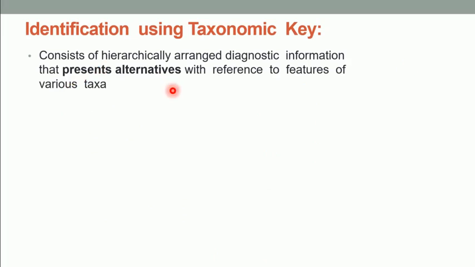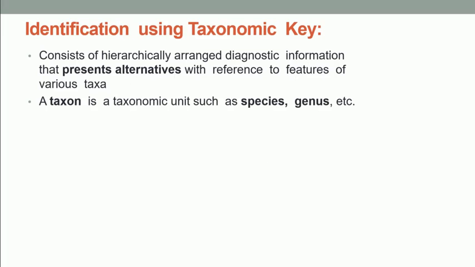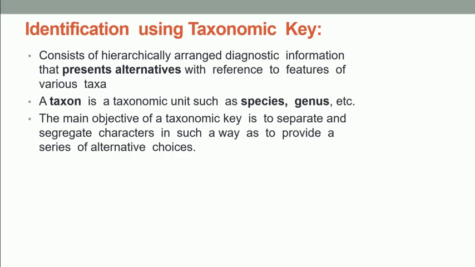Now, while identifying using a taxonomic key, one should have a key that has hierarchically arranged information that presents the alternatives. Here, we have always studied what is meant by taxon: a taxonomic unit. So always the main objective of a taxonomic key is to give an either-or type of statement.